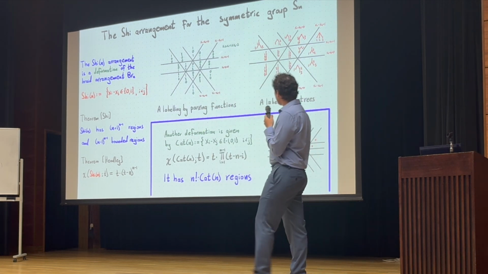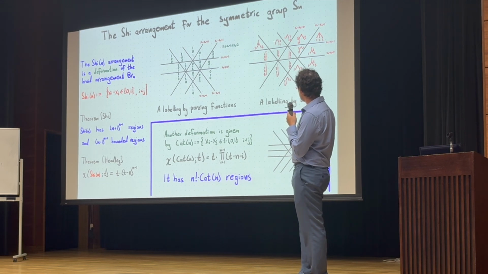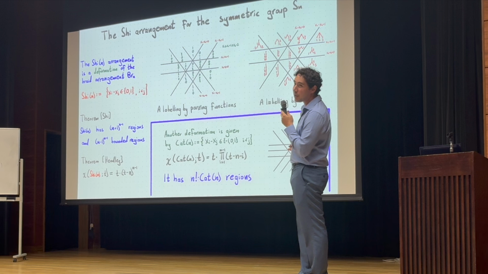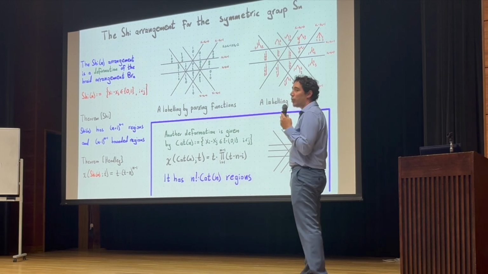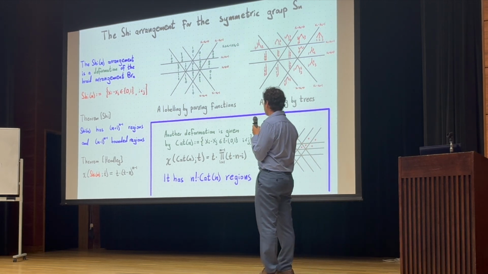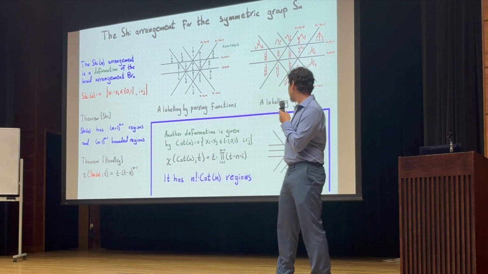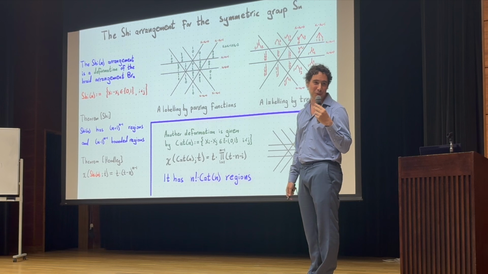In fact, we can label the regions of the arrangement with trees. This is the example. And we can label them with other objects that are counted by (n+1)^(n-1). One of the favorites in this audience is the parking function. Okay. We have a labeling by Athanasiadis and Linusson, we have a labeling by Pak and Stanley, we have a labeling by Bernardi, we have a ton of labelings. We really love this arrangement.